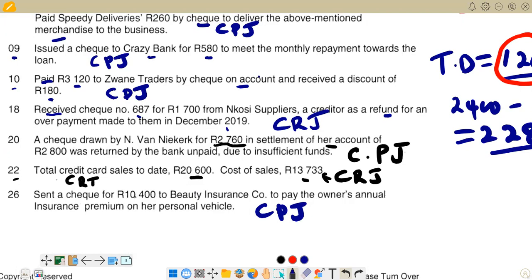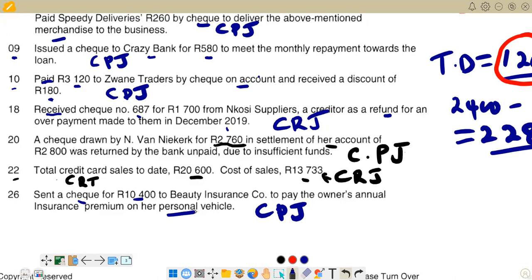And we have a check being paid. So it means we have got the bank here. Yes, we are paying a check, sending a check of 10,400, which is going to pay the owner's annual insurance premium of a personal vehicle.